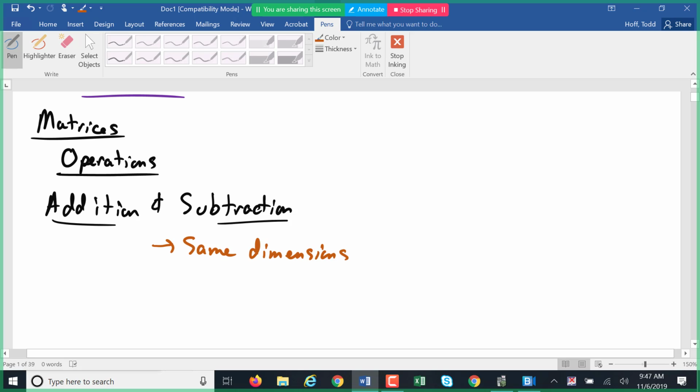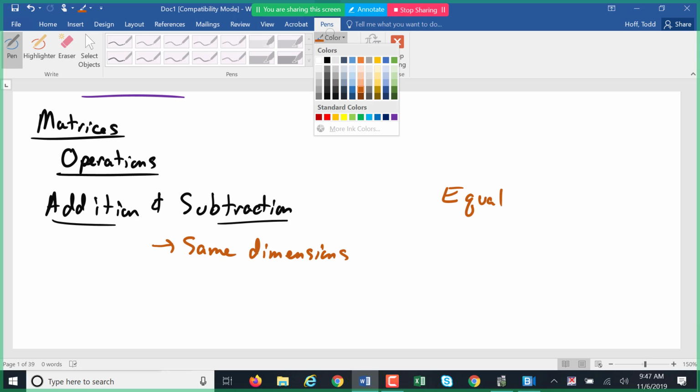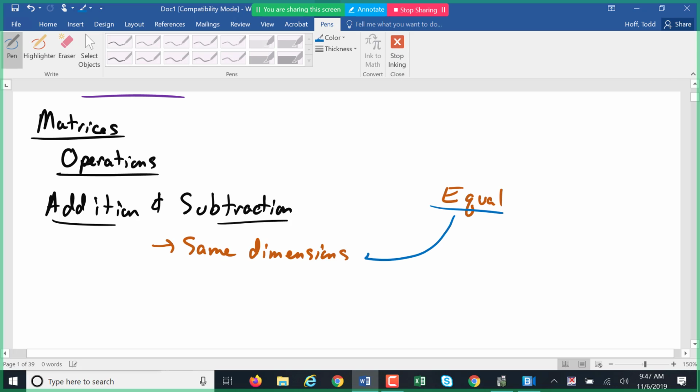To equate matrices, for two matrices to be equal, they also must have the same dimensions. Remember, the dimensions are the number of rows by the number of columns.